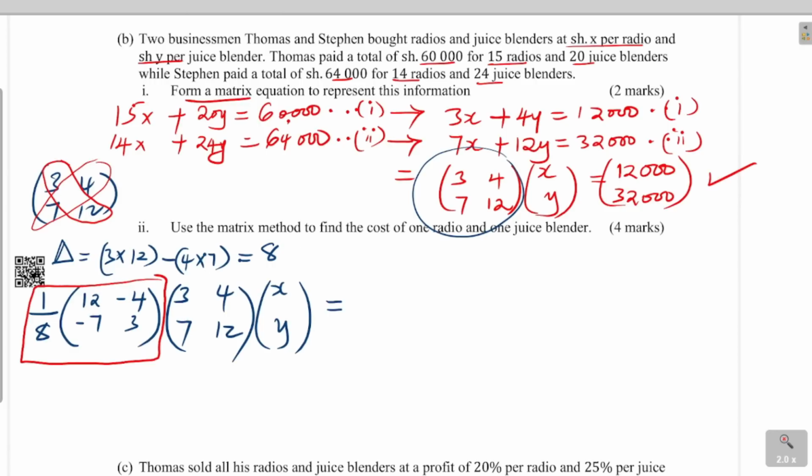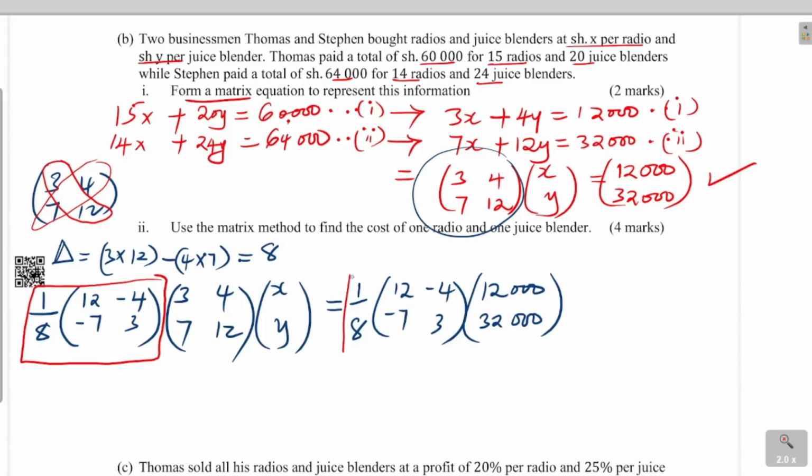So you bring that in here again: 1 over 8 is the inverse, 12, negative 7, negative 4, 3. And this is 12,000, 32,000, like that. So this is the inverse. Now it comes to multiplying.